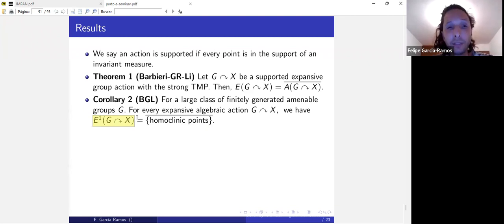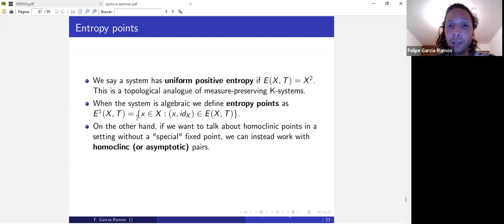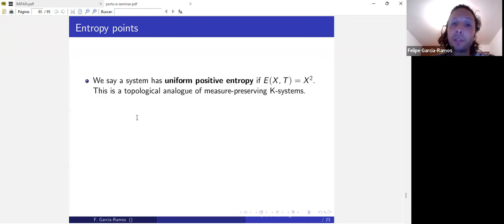And if this is the whole space, then you have uniform positive entropy. And if you have uniform positive entropy, then the Haar measure is going to be K.